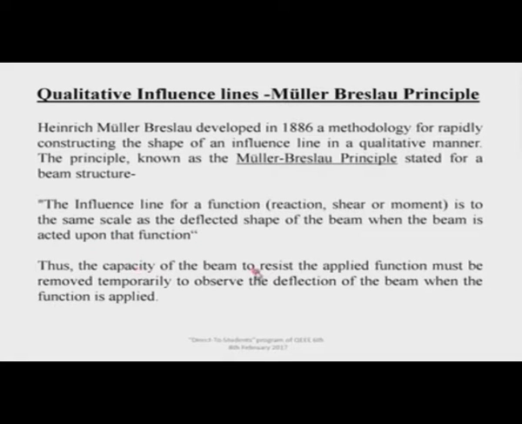Thus, the capacity of the beam to resist the applied function must be removed temporarily to observe the deflection of the beam when the function is applied. Two steps. I need to destroy its resistance against that function, and then put back the function there, and then observe what shape it takes, and that is my influence line diagram qualitatively to some scale.